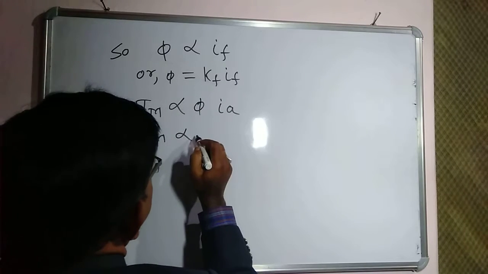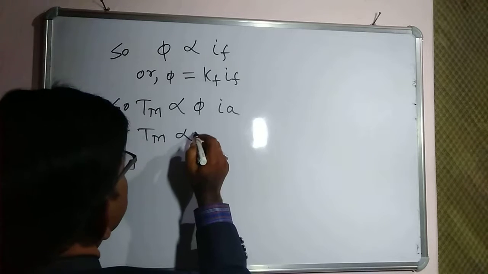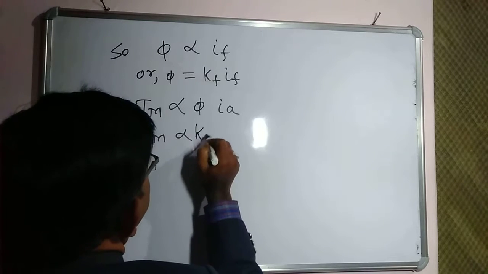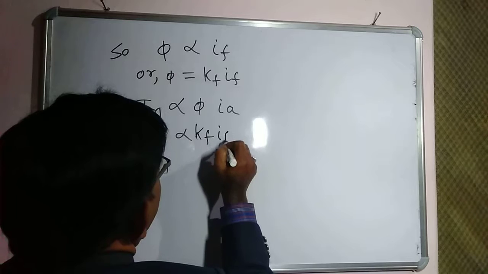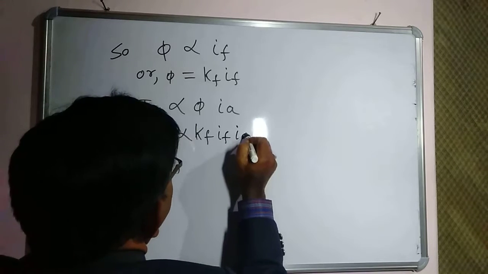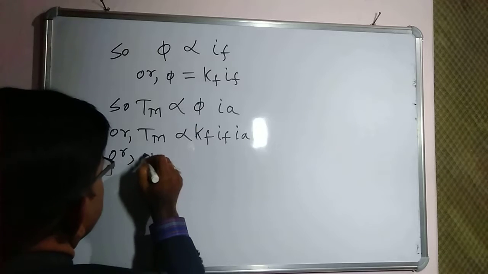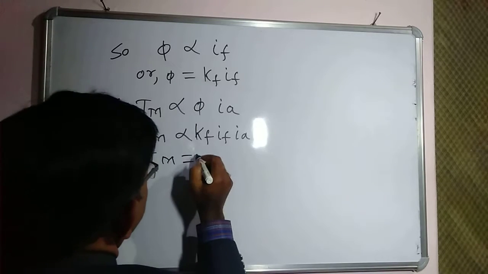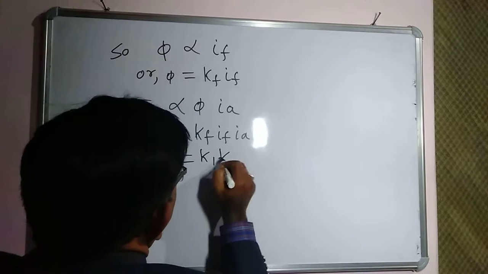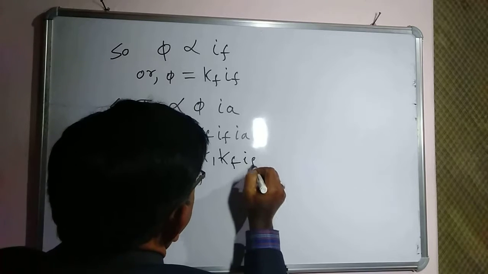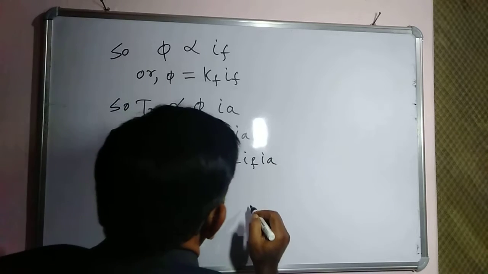So Tm is equal to Kf into If into Ia, or Tm is equal to K1 Kf If Ia.